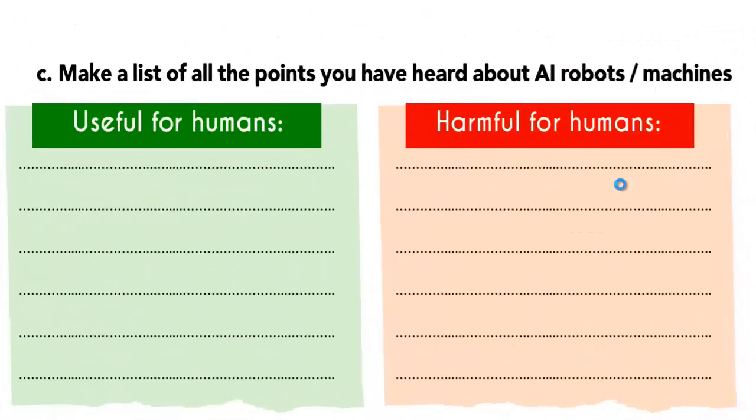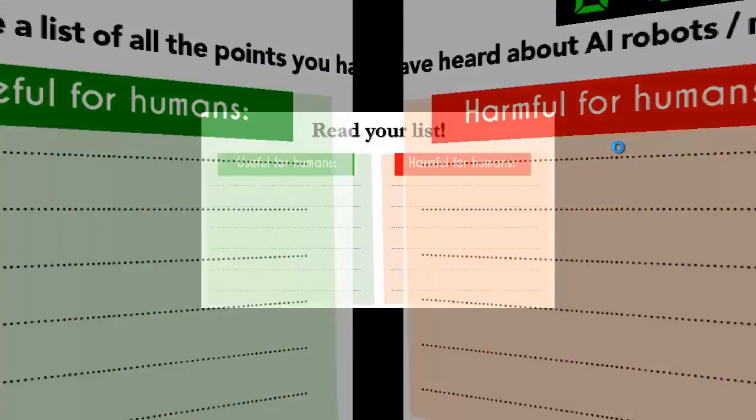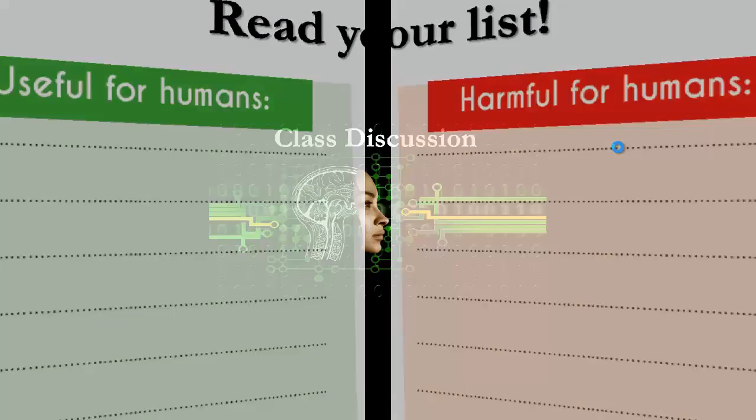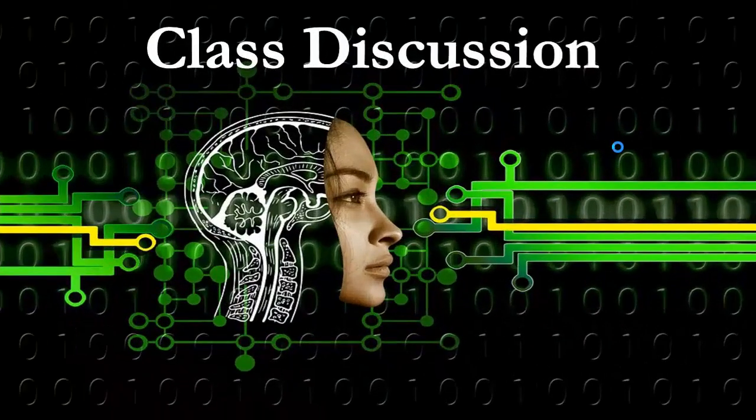Okay, my dear students, we are going to make a list of all the points you have heard about AI robots or machines. The left one here, useful for humans, the advantages. The red one here, harmful for humans, the disadvantages. Okay, my dear students, read your list in front of your classmates.